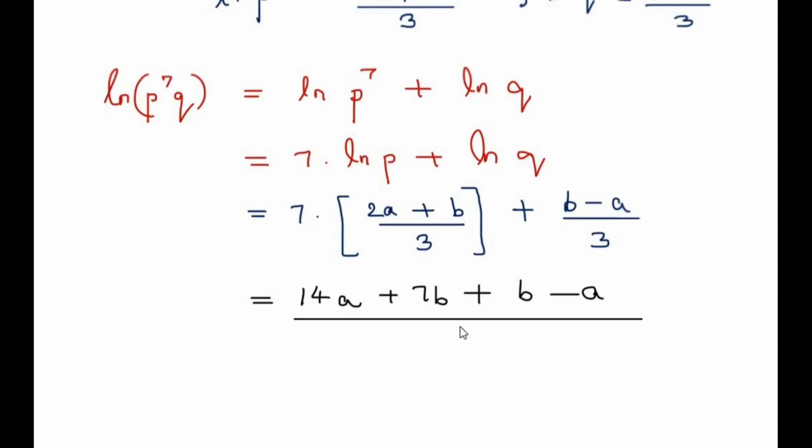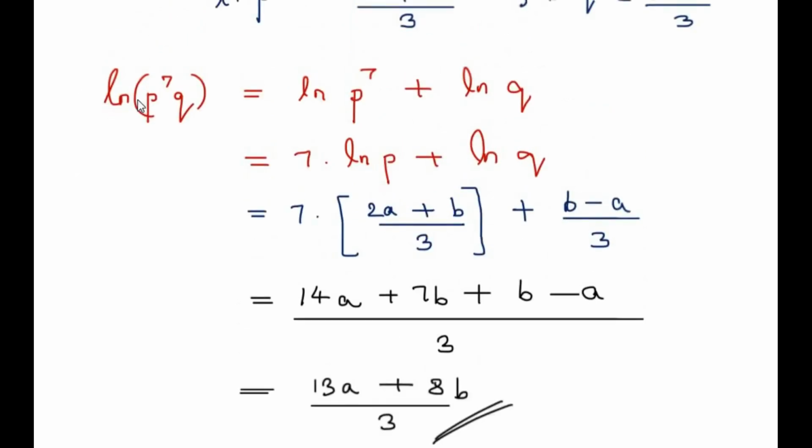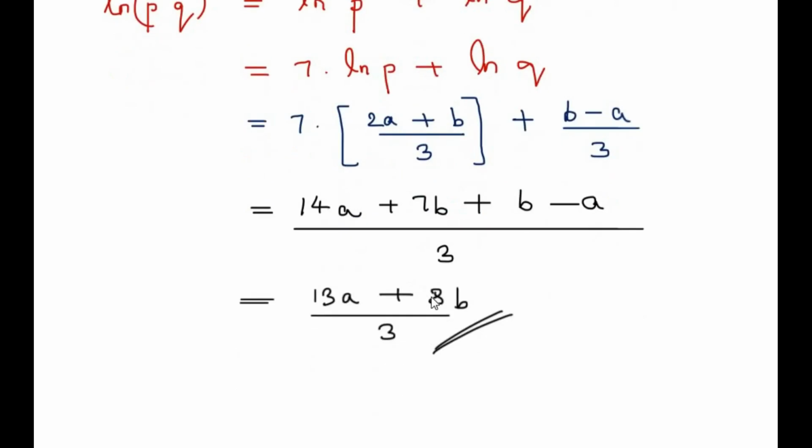Now this has a common denominator as 3. Now let us gather the like terms, that is 14a adds with negative a giving us 13a, plus now 7b adds up with 1b giving us 8b, divided by 3. So this is what we get in terms of a and b, the expression ln of p to the power of 7 times q, that is (13a plus 8b) divided by 3.